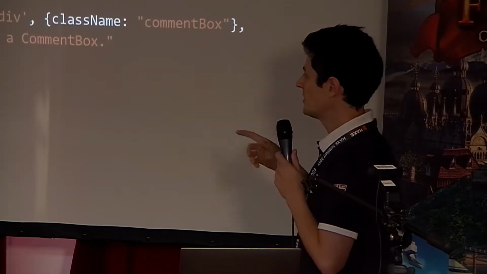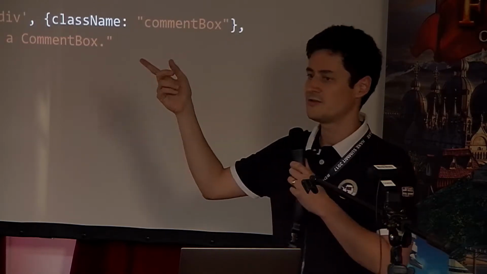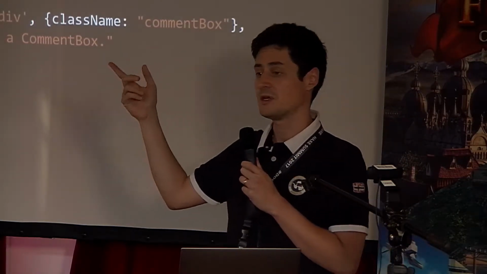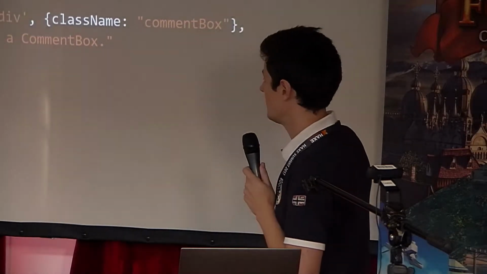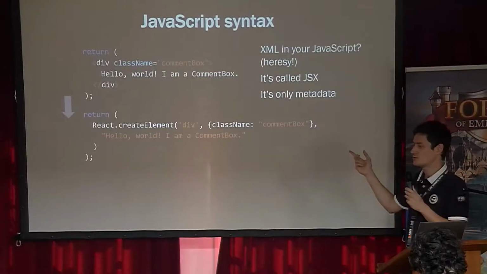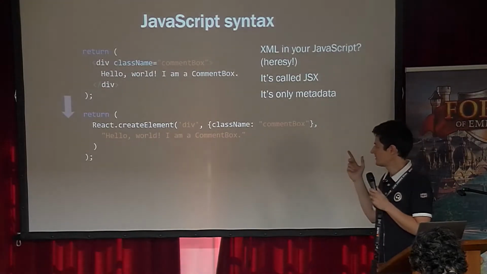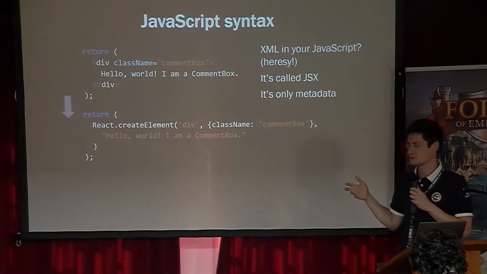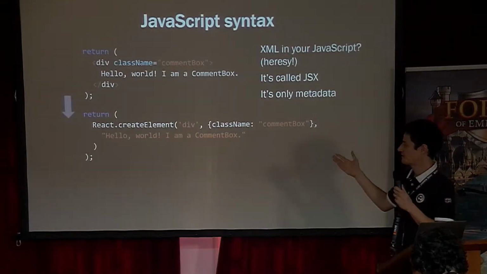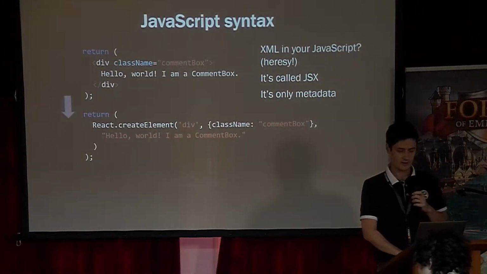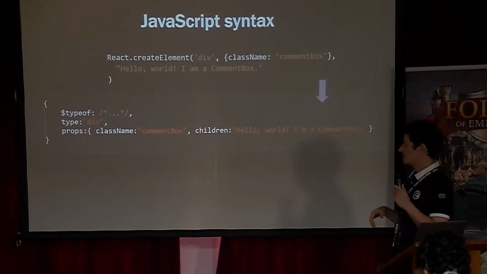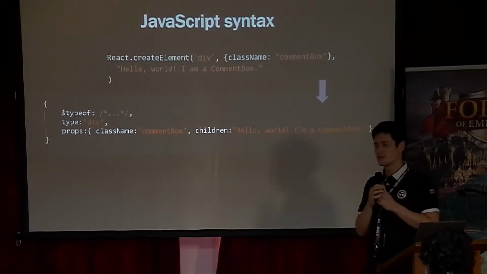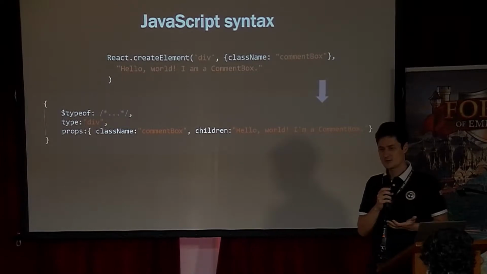As you can see, you could imagine that the div is not restricted to be a string. This div could be a class. The class name could be a variable, and this is a structure that is recursive, so you could pass more createElement as children. And React.createElement itself does not instantiate anything specific.